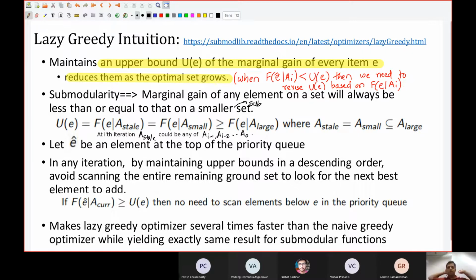Any of the previous ones. That's all I'm saying. That's A stale. So f of E given A stale is f of E given some A small, basically the previous one. So let's just call A stale the same as A small.